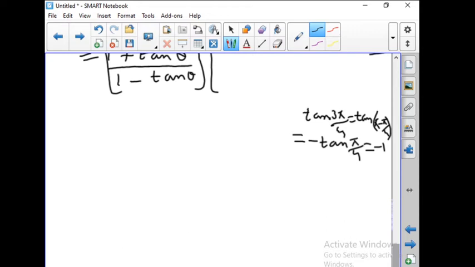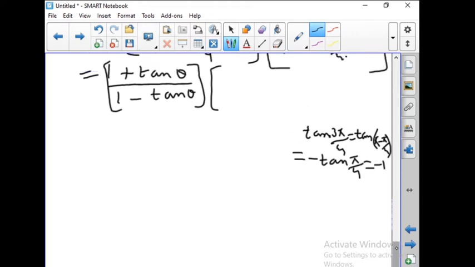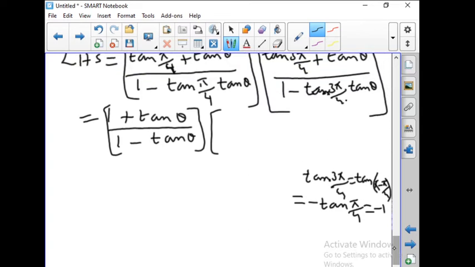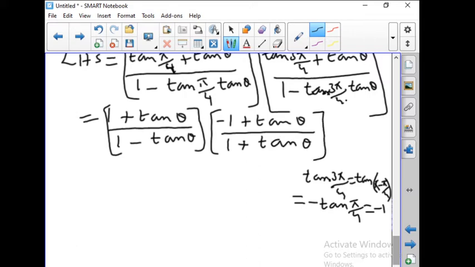Therefore tan 3 pi by 4 is equal to minus 1. So we get minus 1 plus tan theta divided by 1 minus, tan 3 pi by 4 is minus 1, so minus becomes plus here, plus tan theta. Okay.